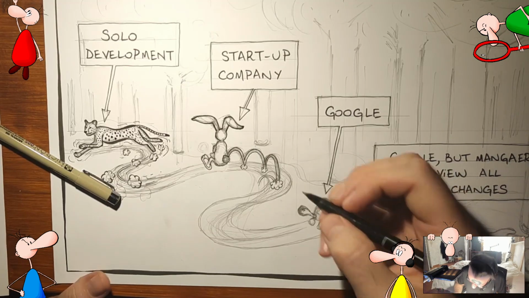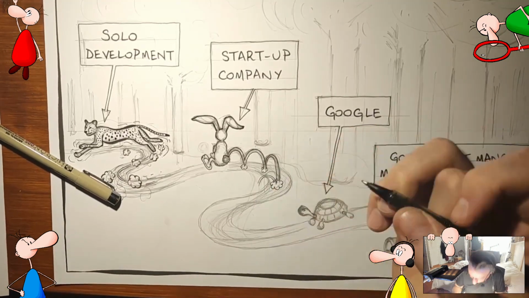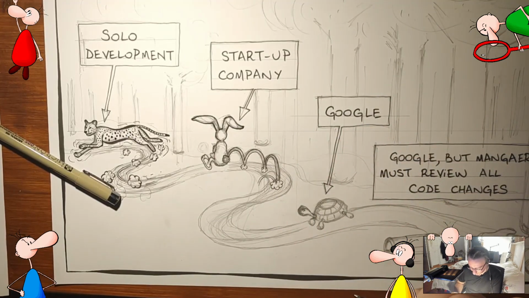Just want to make the movement of the bunny more obvious, showing that it's hopping around.